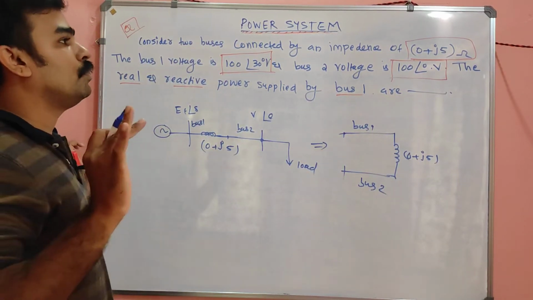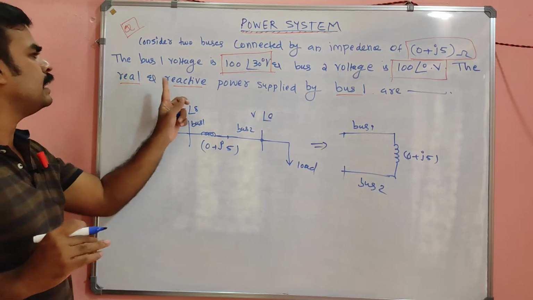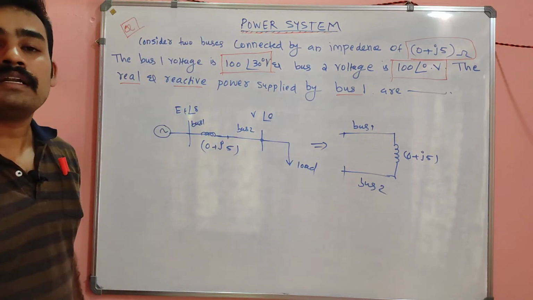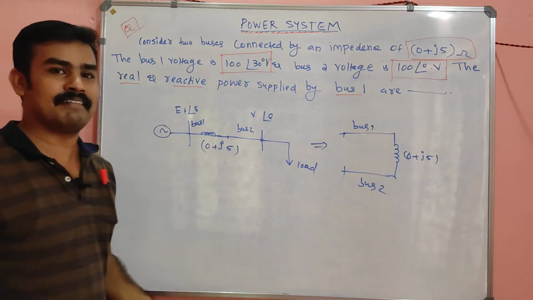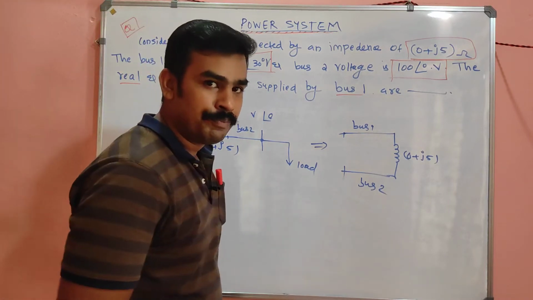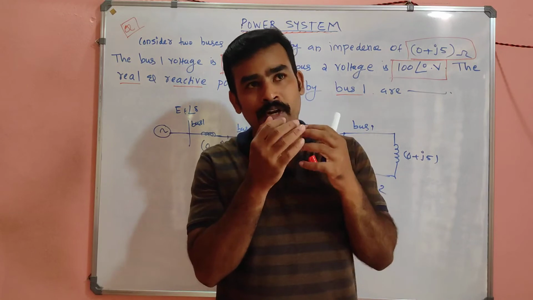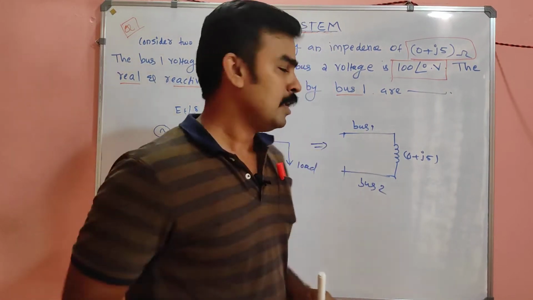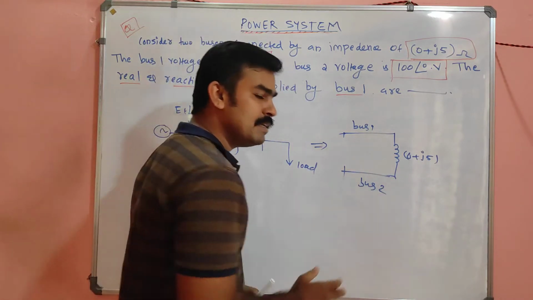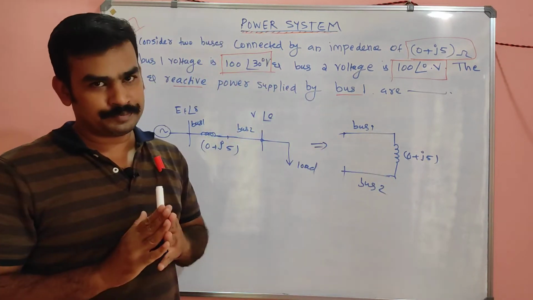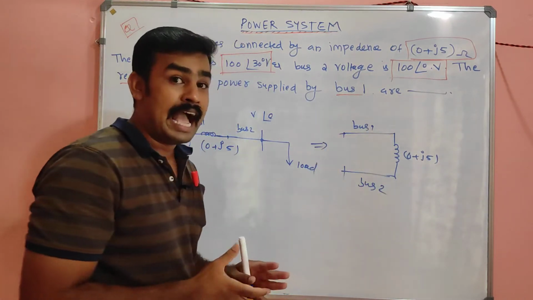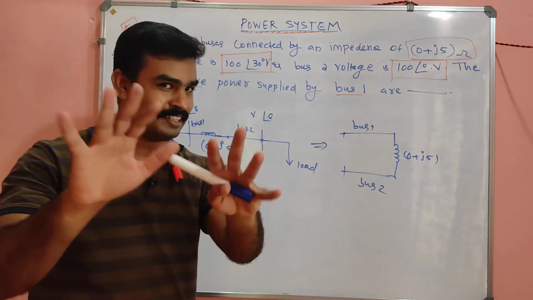The thing you have to note importantly is that the real and reactive power supplied by bus 1 means bus 1 is acting as a supplier of real and reactive power. So bus 2 will act as the absorber of real and reactive power. That means one bus acts as the generator bus, which is bus 1, and another bus acts as the load bus, which is bus 2.